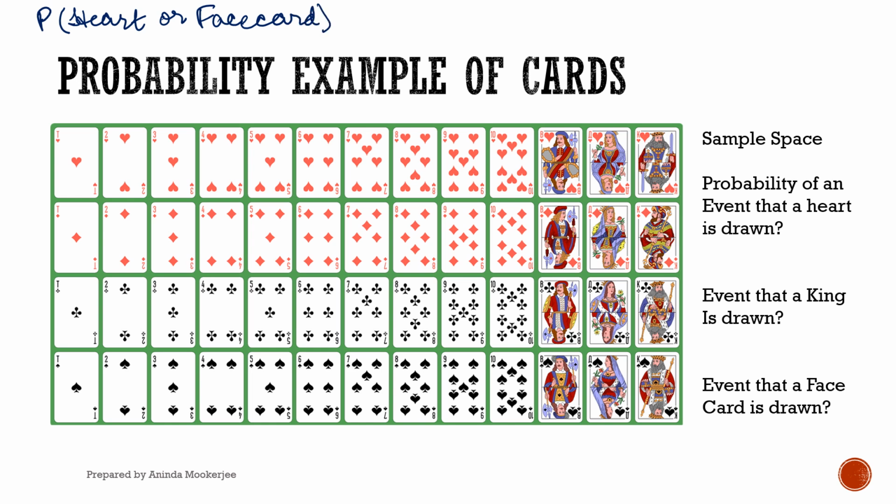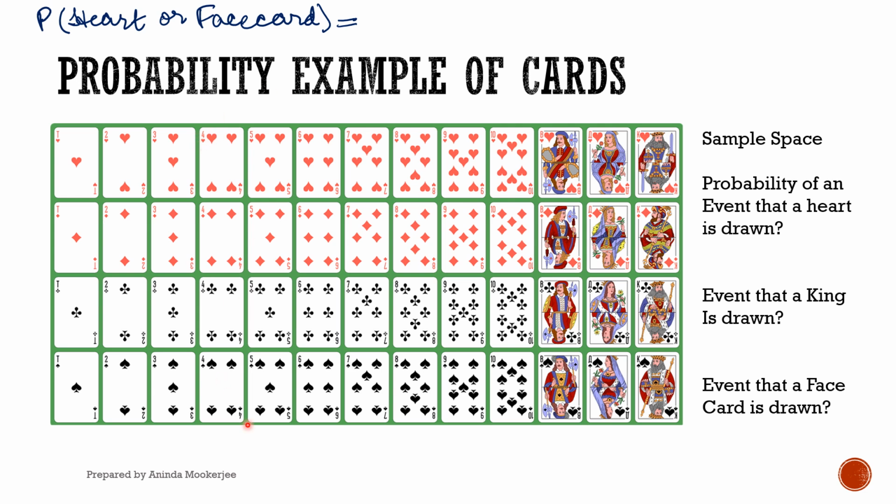Now, this "or" suggests that we can go ahead and apply the special addition rule. However, keep in mind the special addition rule only works for mutually exclusive events. If they are not mutually exclusive events, then we cannot apply the special addition rule. We have to apply the general addition rule. But we first have to figure out whether these events are mutually exclusive or not.